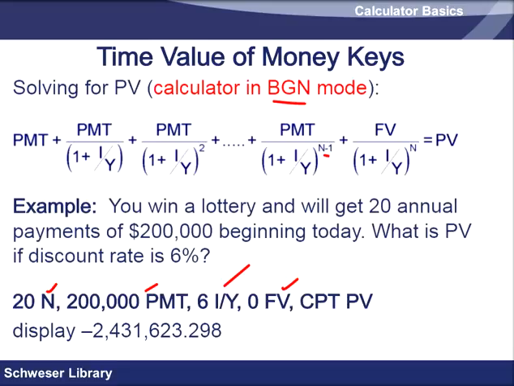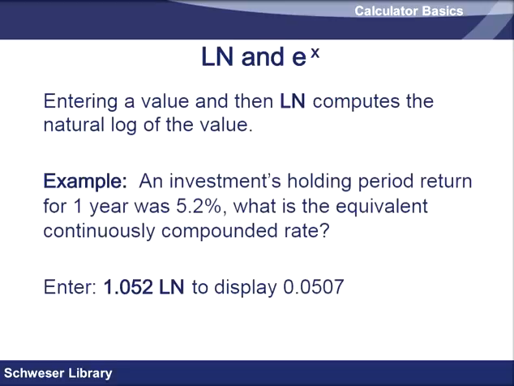They don't owe you anything else. So put future value in as 0, compute the present value, and hopefully your display says negative $2,431,623.298, depending on what rounding you've got in there.